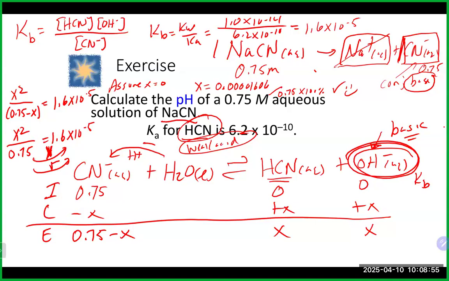First off, any questions so far on that calculation? Now that our x value is good, we again could go back to our table. And again, like I said earlier, we do see in this case that the x value actually is the hydroxide concentration.